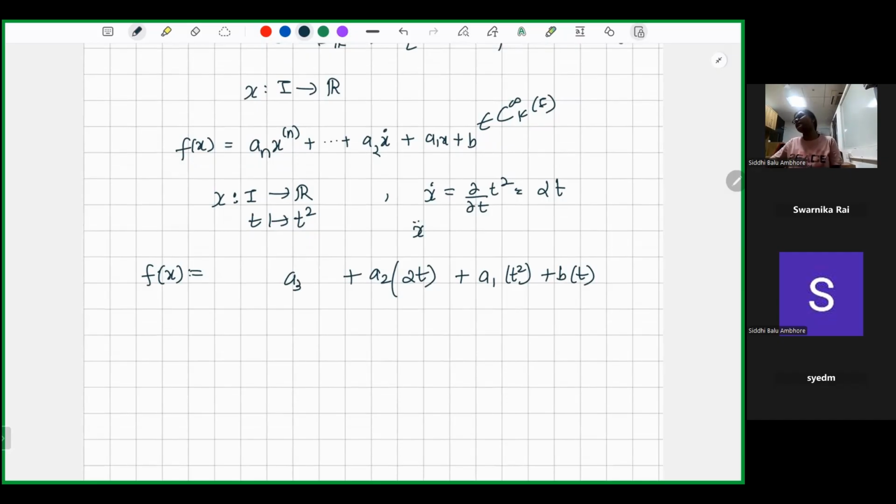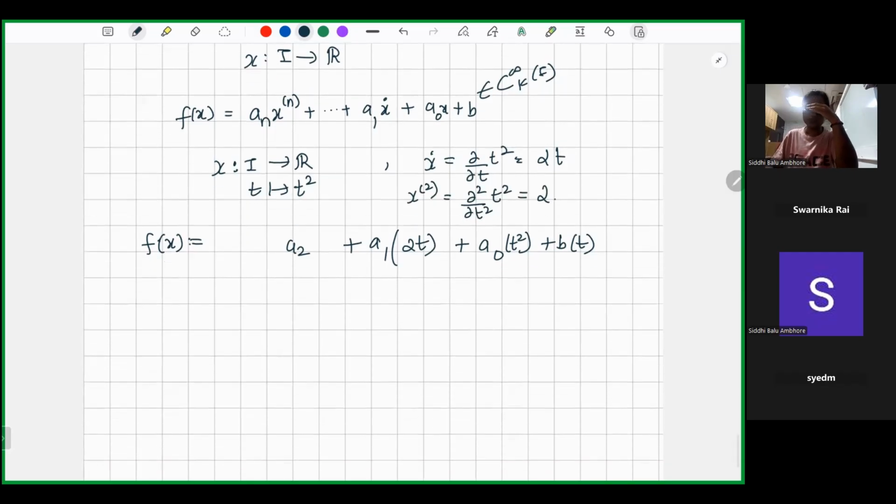I hope I'm taking the coefficients correctly. Oh sorry, this is a0 and this is a1. So this is just a1 here, and this a2 into x double dot, that is d square by dt square of t square, that is just 2, we know, right?